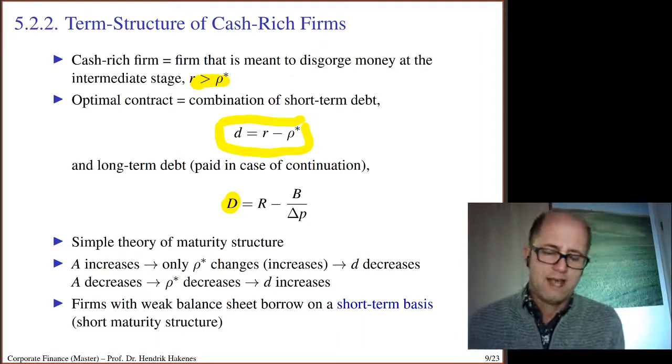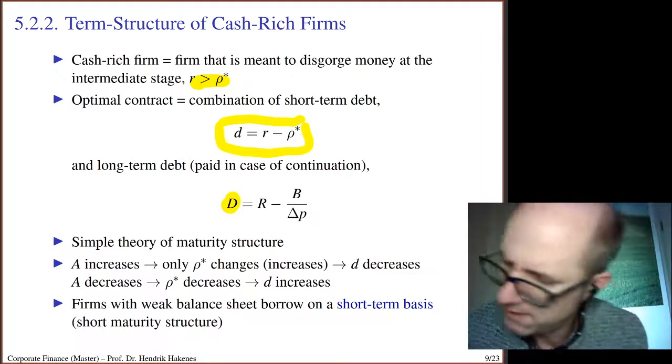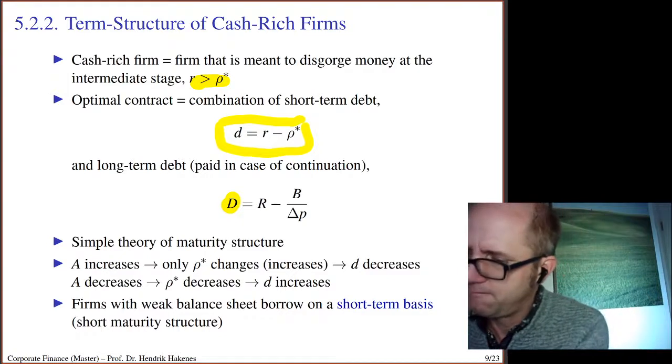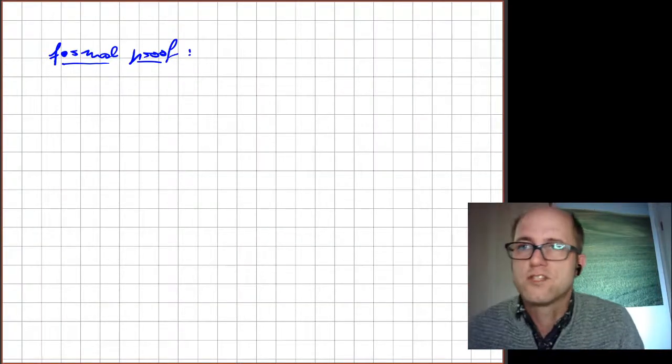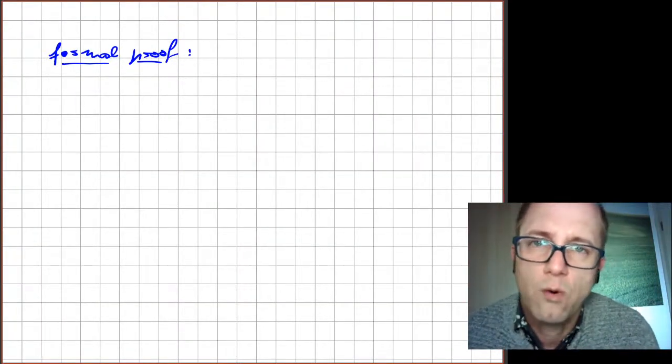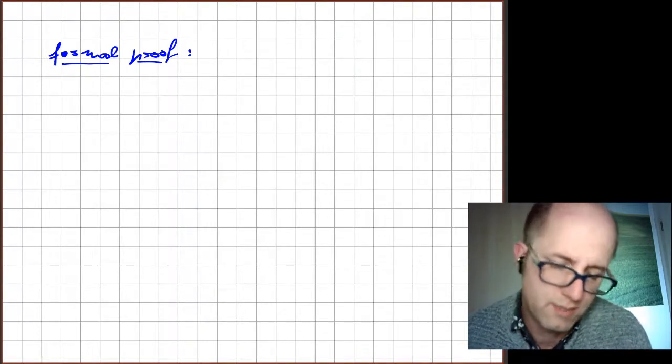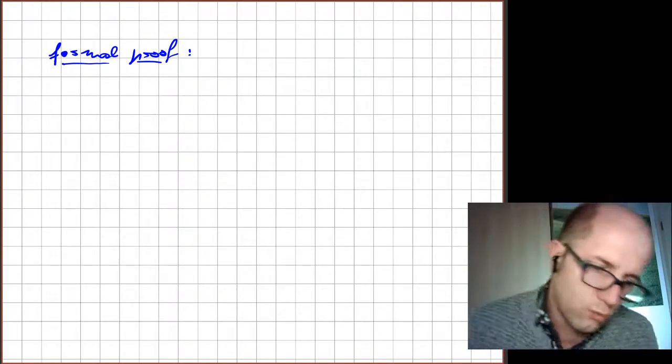Okay, how could we try to prove that formally? This is just to show you how one can do that kind of argumentation formally.